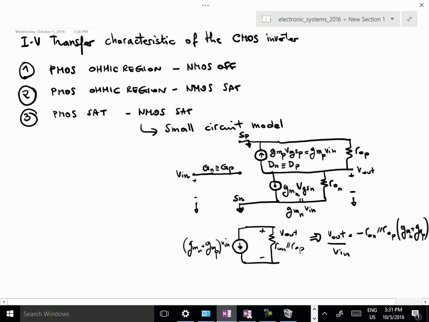We can call this expression minus A0, because this is the voltage gain of the inverter when both the PMOS and the NMOS are in the saturation region. And this is of course a small signal amplification, which is the slope of the curve in the region 3.